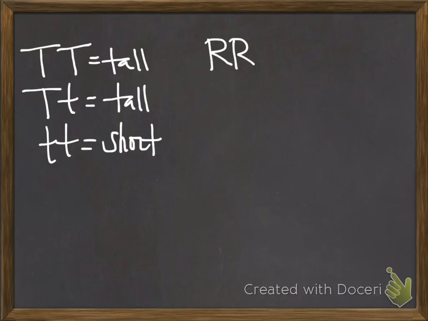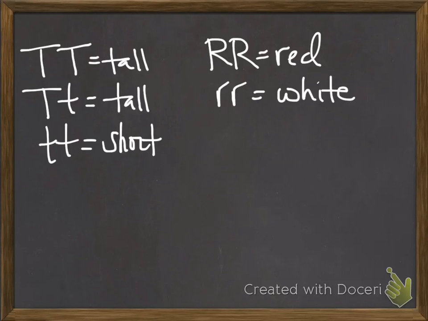Big R, big R will be red. Little r, little r will have white flowers. And big R, little r will have pink flowers. Having these listed out will help you answer the questions that this problem is posing.